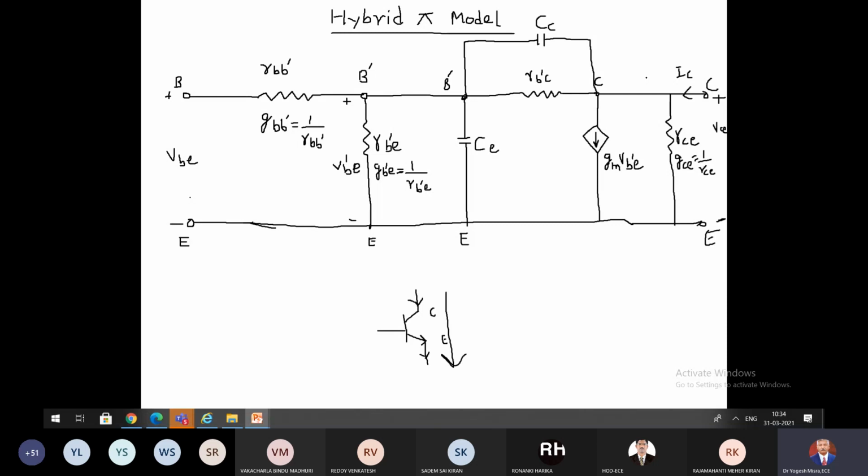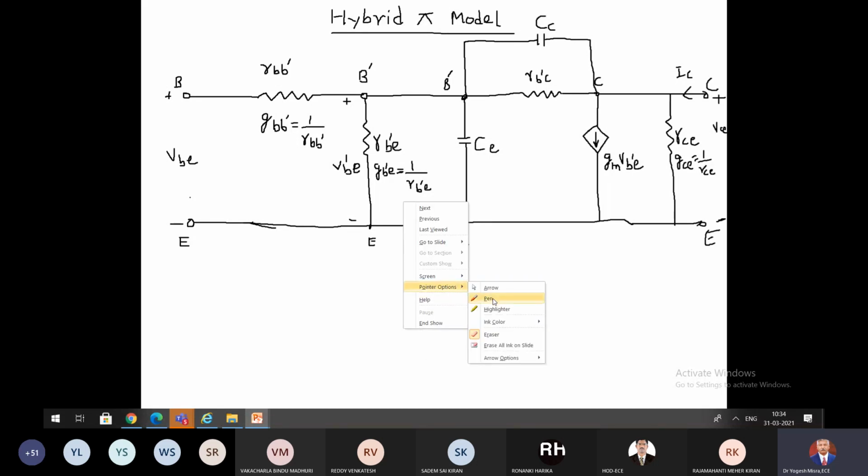So in this way you can draw this model, and this model is called the pi model, because it looks like this pi, like this. So we call it a pi model, right?